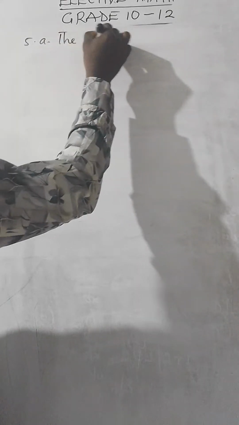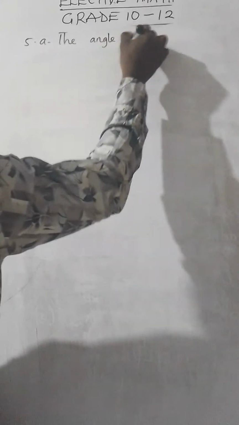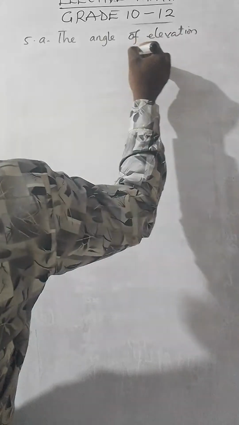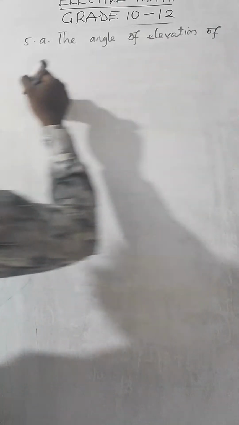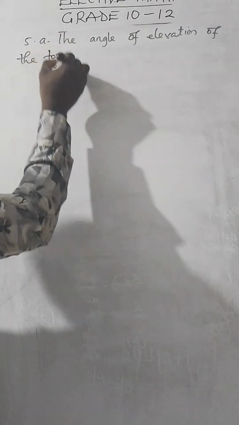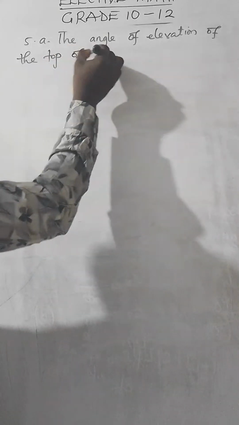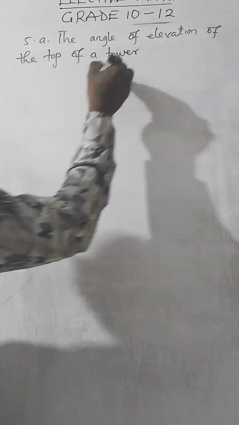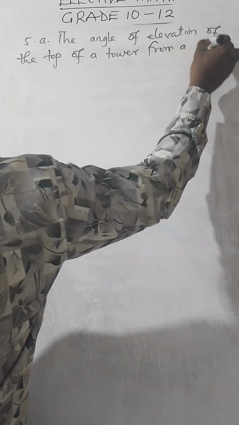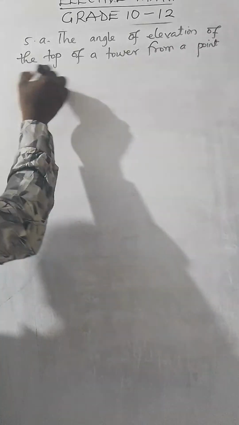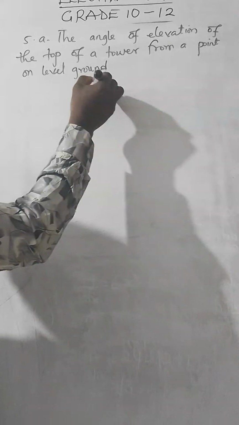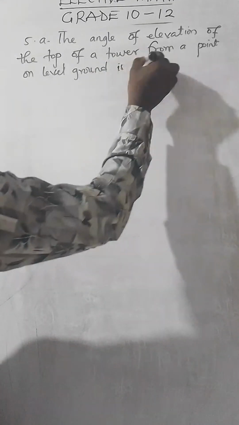The angle of elevation of the top of a tower from a point on level ground is 30 degrees.